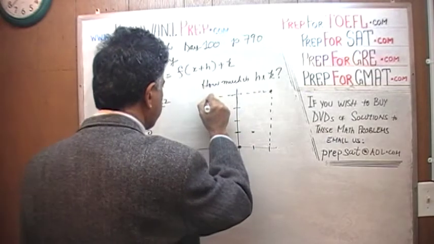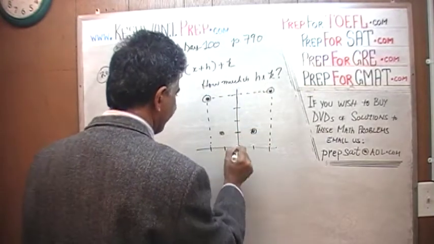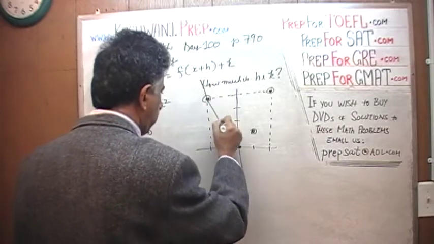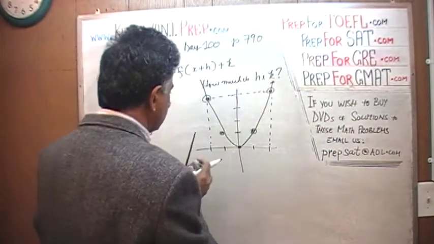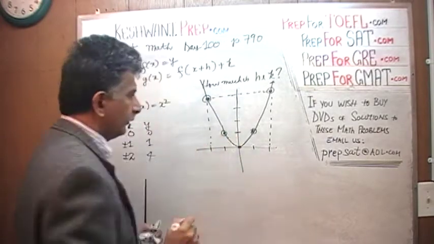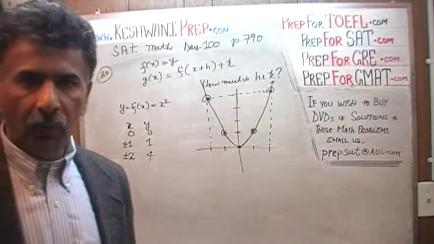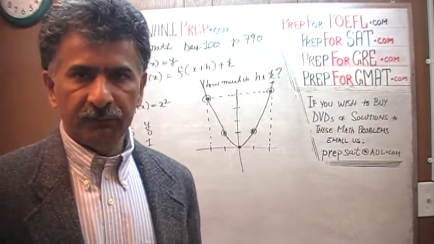Right here. We have 5 points, and that's plenty. So what do we have here? It's a simple ordinary parabola, nothing to it. It's a simple parabola sitting at the origin.